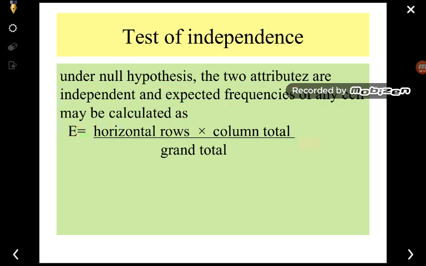This is the formula by which we can calculate the expected frequencies. Now we are going to put this formula in and find out the expected frequencies.